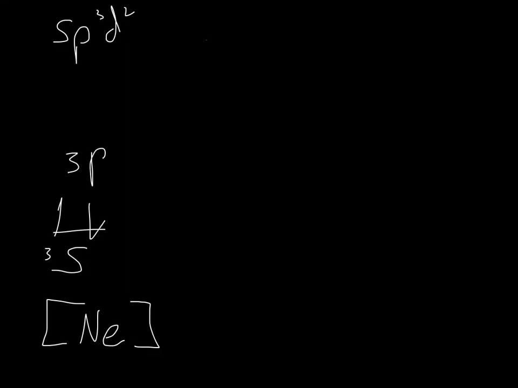Alright, well, this is the last one, I promise. For this one, we're going to use sulfur as our example. So again, we're going to start with neon, then 3s, 3p, 1, 2, 3. And remember, sulfur is 1 after phosphorus, so it's going to have 1 more.